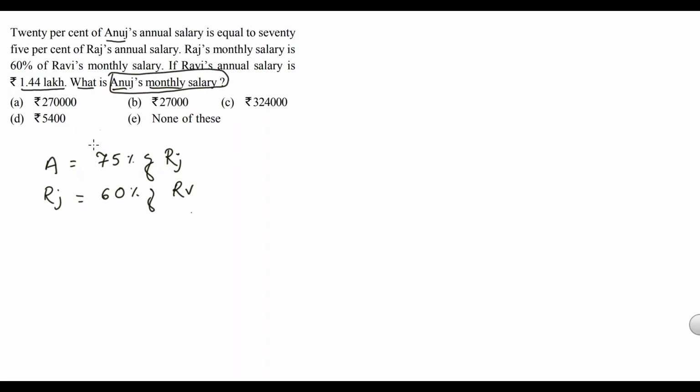So instead of finding everything annually and then converting to monthly, let's convert this to monthly directly. Ravi's annual salary, that is Ravi's salary for 12 months, is 1.44 lakh, which is 1,44,000. So what is Ravi's monthly salary? For 12 months he is getting 1,44,000.